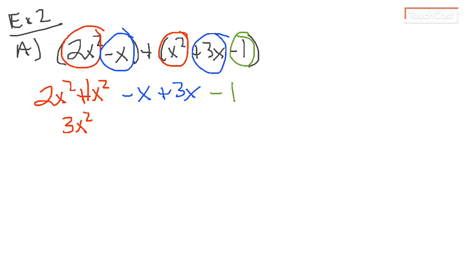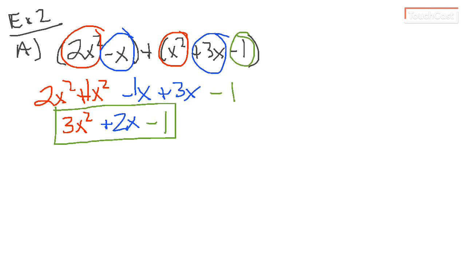A negative 1x plus 3x is going to give us a plus, and that's not x squared, I'm sorry. In blue it's no x squared, it's just a single x. So we're going to get plus 2x, and then there's nothing to combine with our 1, so we just bring that down. So our answer is 3x squared plus 2x minus 1.